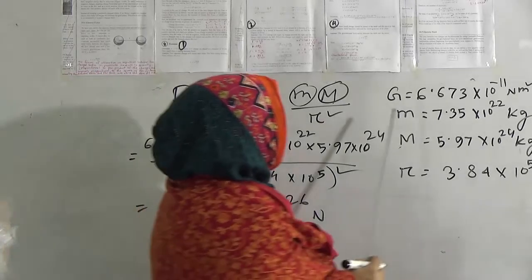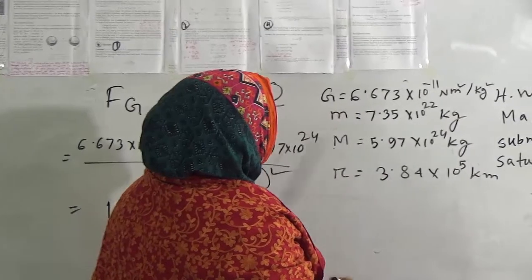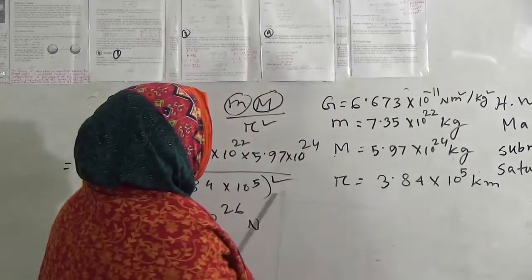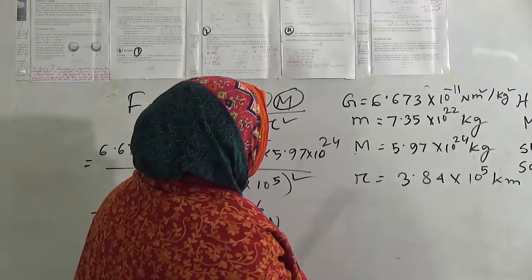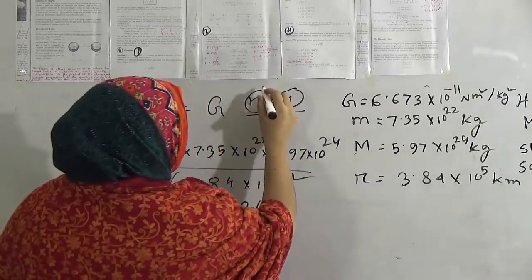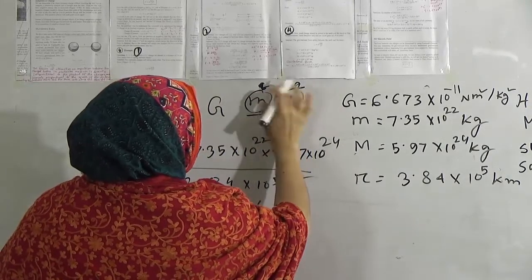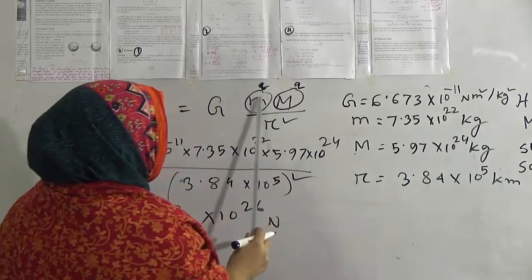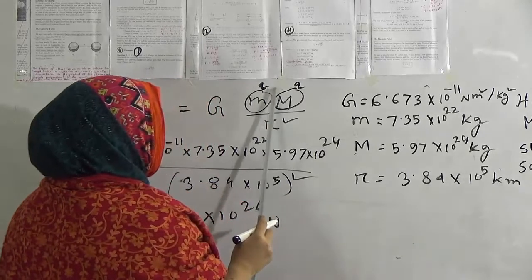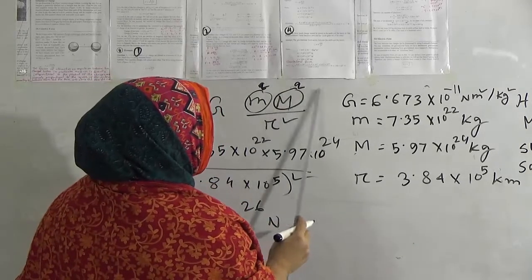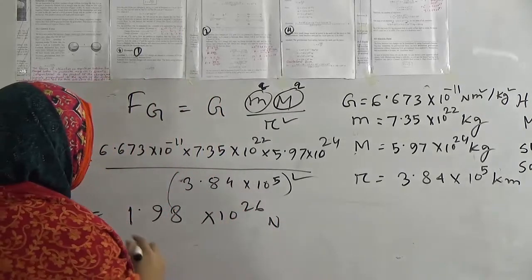Now, if an equal amount of charge is kept on the earth and the moon, what will the repulsive force be? That means charge q and charge q, the same charge, is kept on the moon and the earth. We know that the same charges always repel each other. We have to find the repulsive force between them.